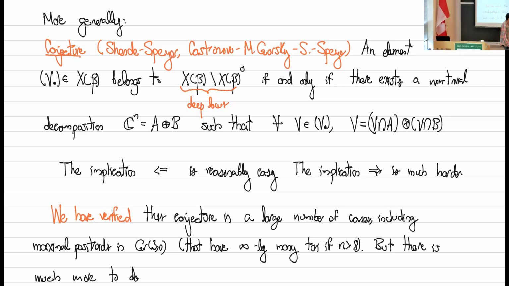Well, maybe. But we have also verified this in cluster algebras associated to Grassmannian 3n. And these are of infinite type as soon as n is larger than 8. Okay? So you have an infinite number of cluster tori, and we can tell you exactly what is the union of this infinite number of cluster tori.